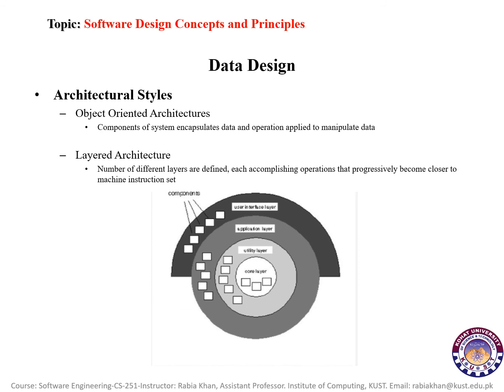The other architecture is known as the object-oriented architecture. The components of a system encapsulate data, and the operations are generally the methods or functions that must be applied to manipulate that data.